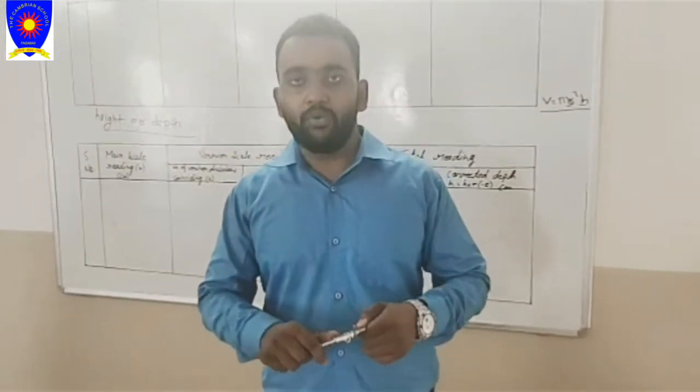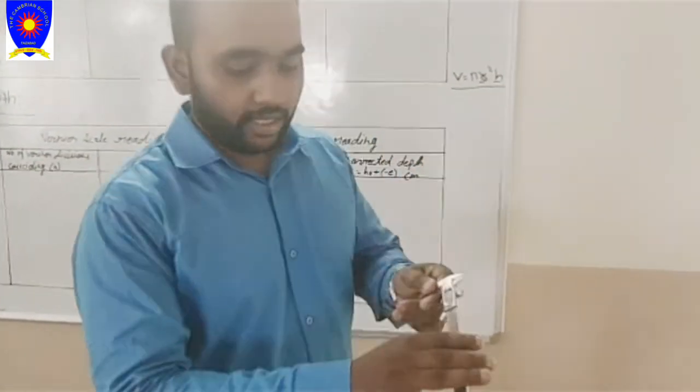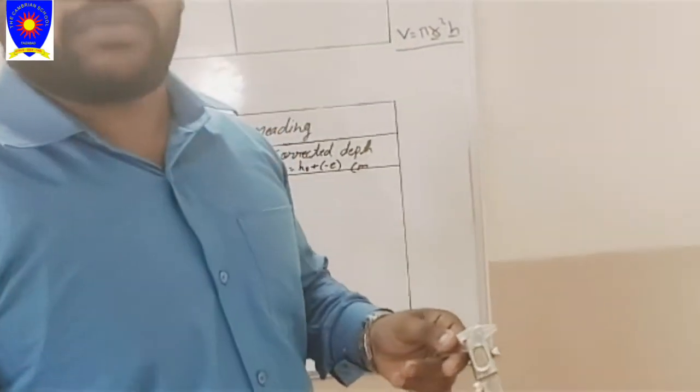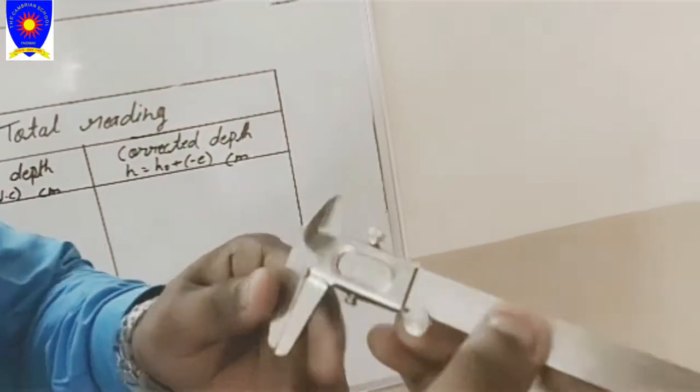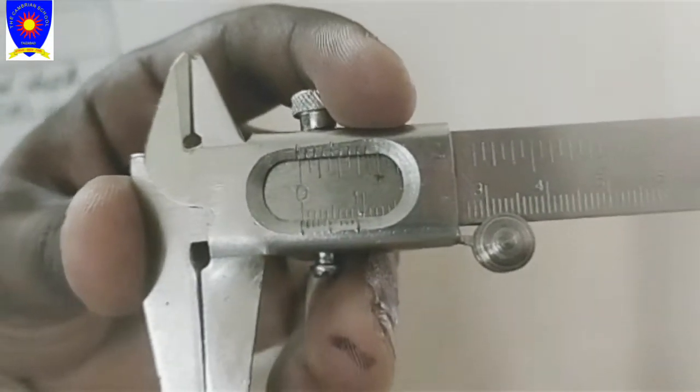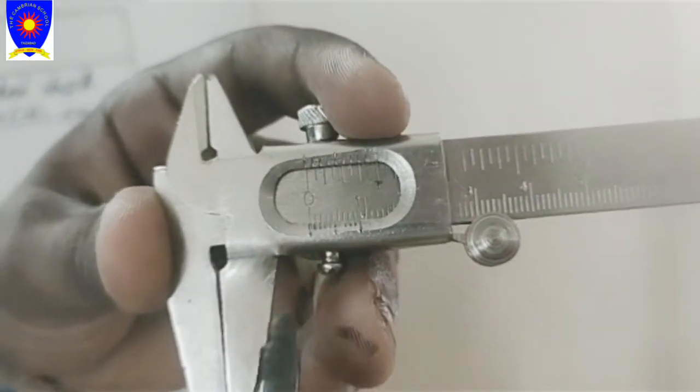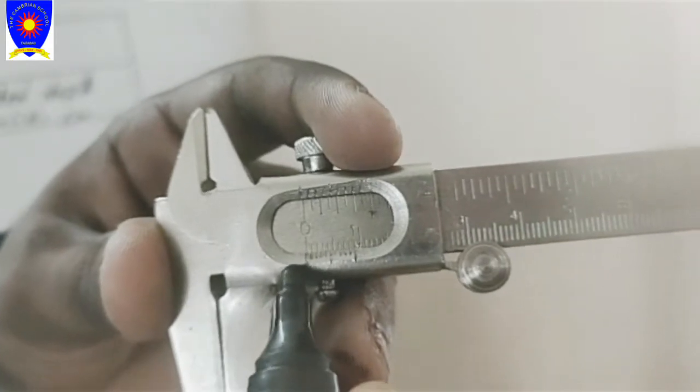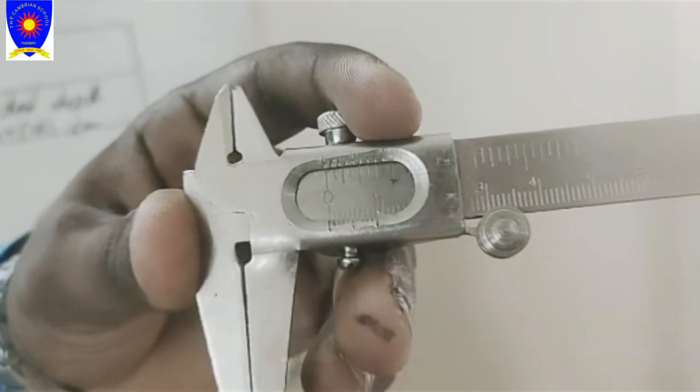Firstly, we have to look at which error is in this. We are looking that there is a positive error because its zero point is to the left side of 0.